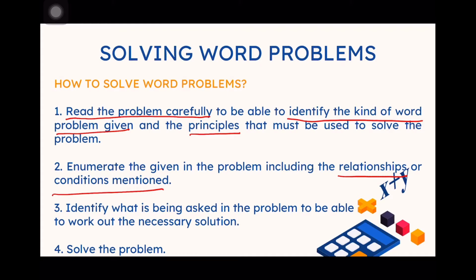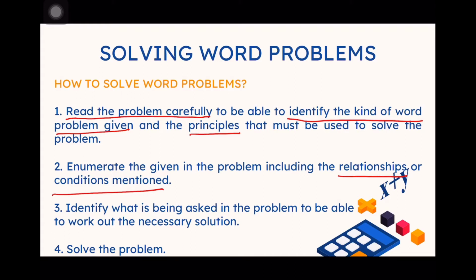Enumerate the given, assigning necessary variables or quantity symbols if there are, and placing units correctly, that's a requirement when you write your given. Also, we should be able to write down the conditions or relationships mentioned in the problem in symbols or in equations, if necessary.